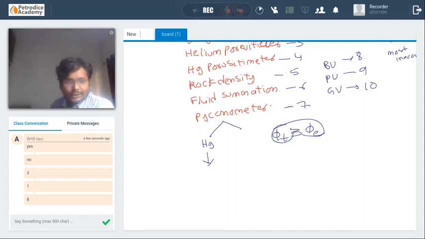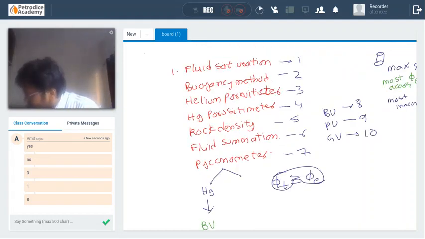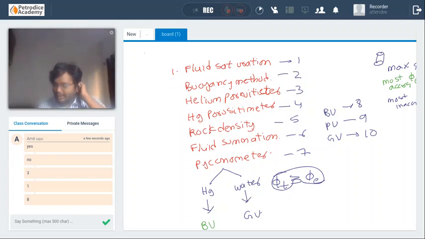Okay, using a mercury pyknometer method, we will calculate the bulk volume, whereas for a water pyknometer method, we will calculate the grain volume.